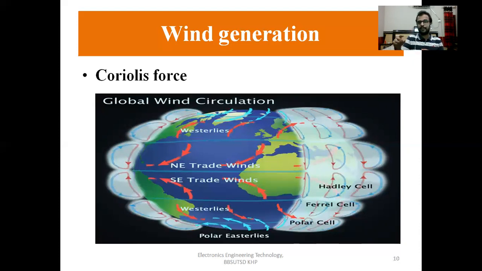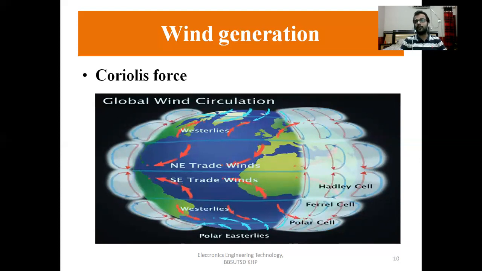In this picture, if you divide this particular screen into left and right, and then north and south, in the north atmosphere wind is deflected to the right, and in the south atmosphere to the left. The Coriolis force depends on the Earth's latitude.